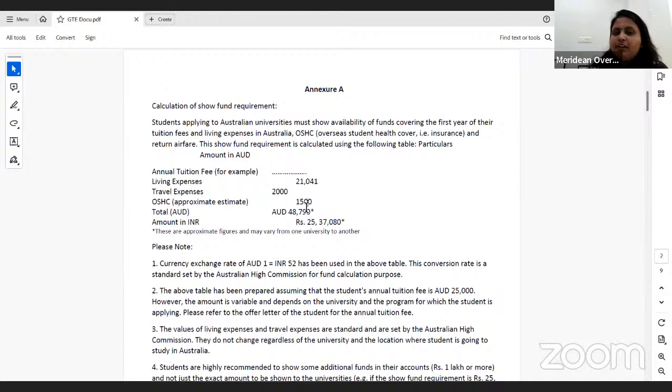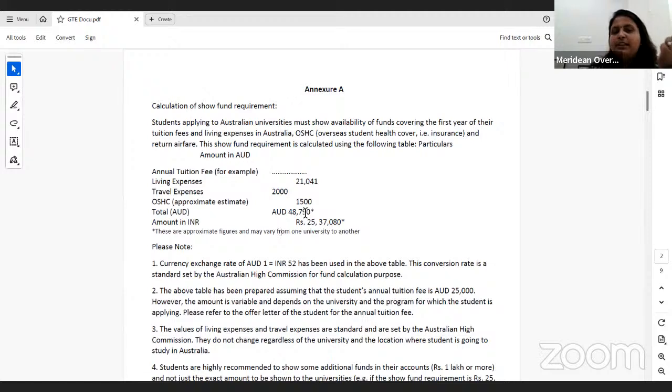If you're calculating all these four heads, it comes around university fees. Definitely it varies from university to university and program to program. So the total amount comes around 25 to 28 or 20 to 30 lakhs depending upon the university and the program. How will you calculate? Suppose the total is 48,000 or 49,000 AUD, whatever it is.